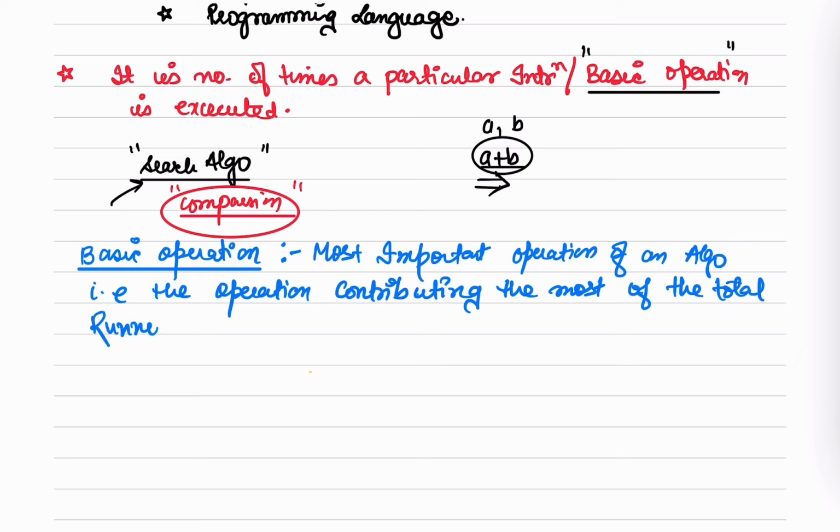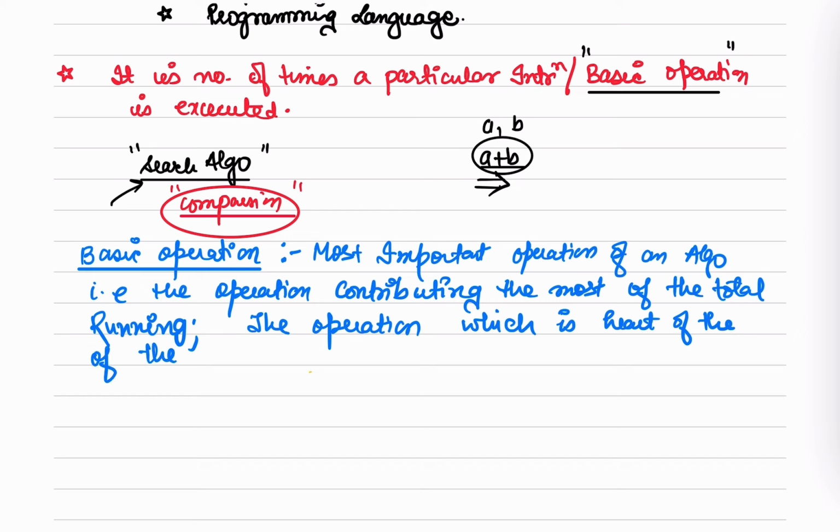Or in very general terms, you can say it is the operation which is the heart of the algorithm. It is not textbook language for sure, but it will help us understand.